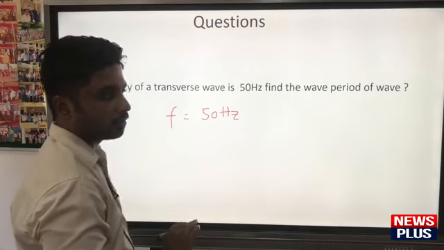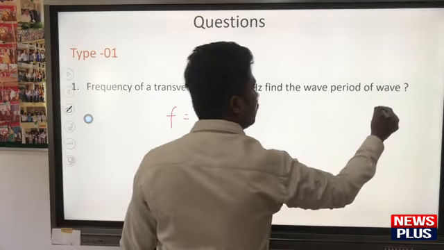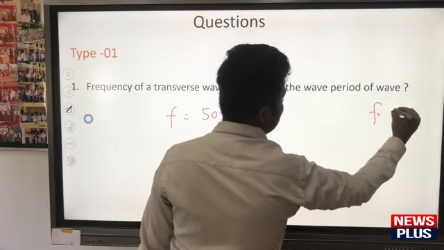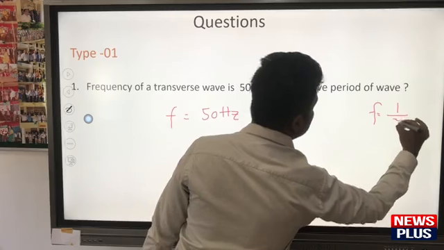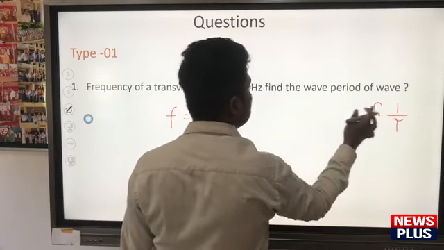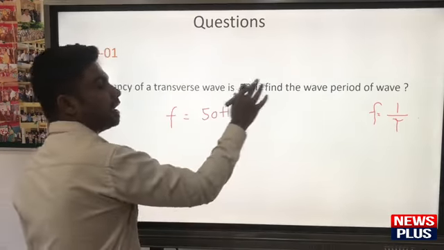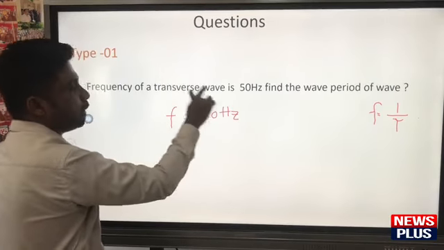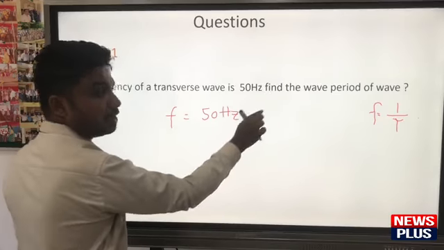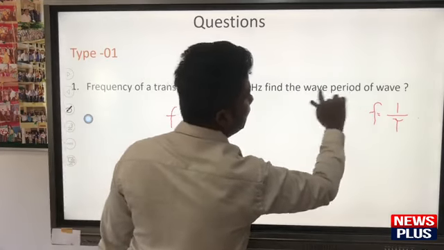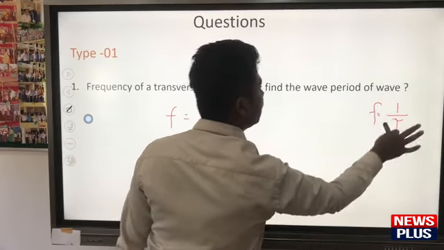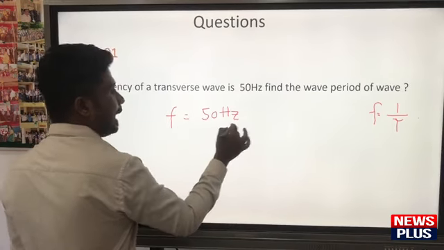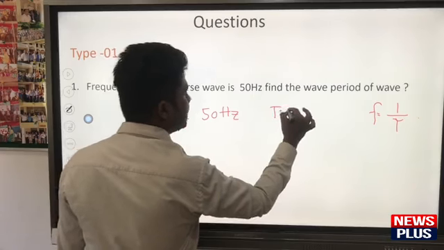Simple question. As I said earlier, you must know the main equation: f is equal to 1 over T. We used this equation. The frequency of a transverse wave is 50 hertz, and the question is what is its wave period. So f is given and T is asked.